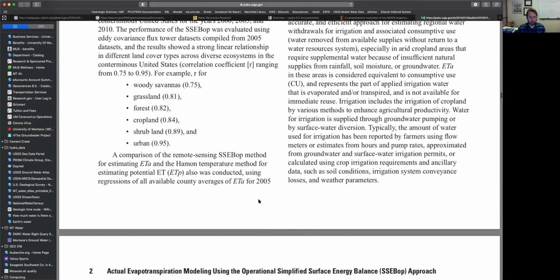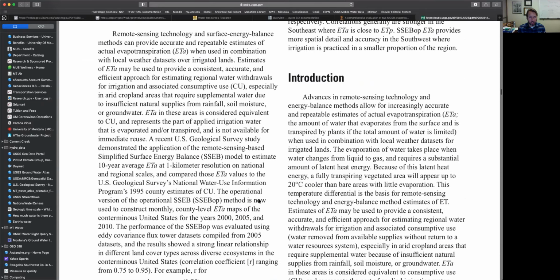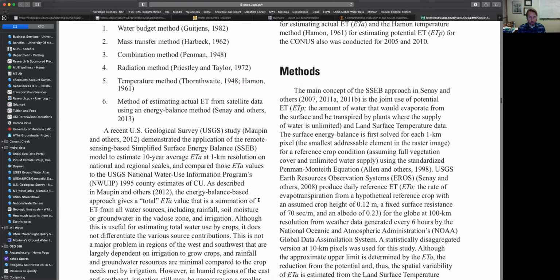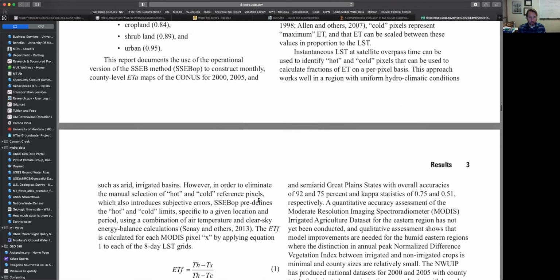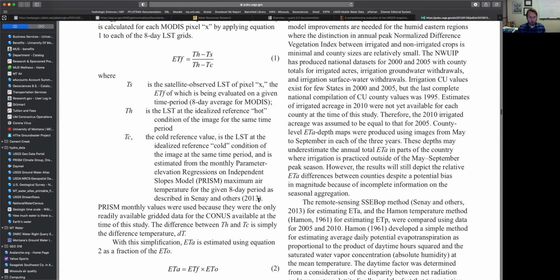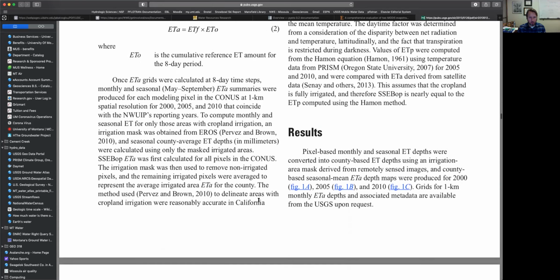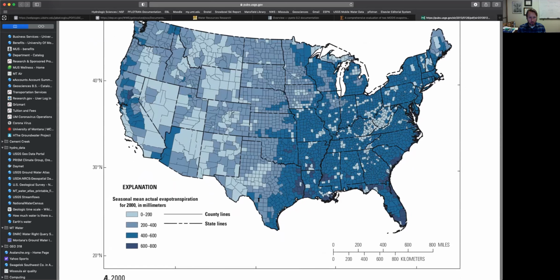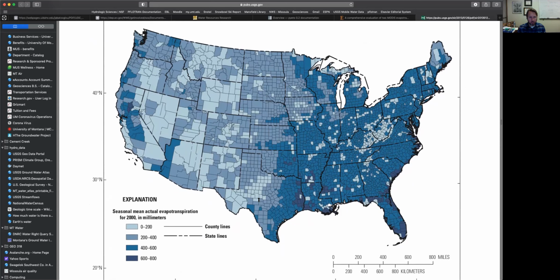I just want you to look at a few things. So this is seasonal mean actual evapotranspiration for the year 2000 in millimeters, and they've done it at a county scale.